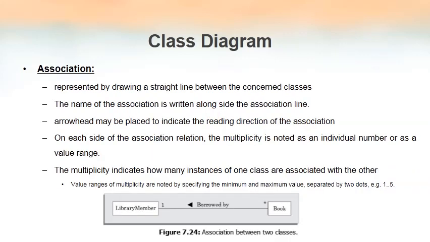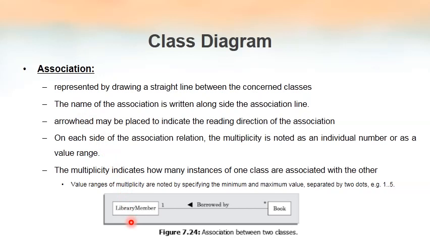Now these are the relationships that we can show between classes when we draw a class diagram. The first relation is association. So what is association and how can we represent it? You can see this example here. Here library member and book are two classes, and this line followed by this label with this arrow mark indicates the association.